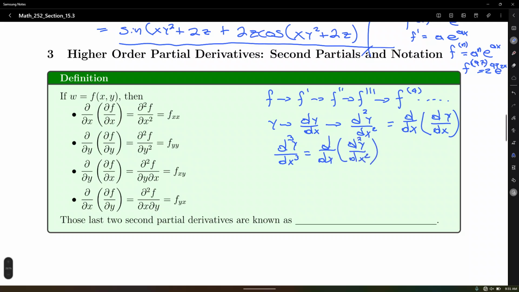And then just copy this, because this is the derivative with respect to x of the derivative with respect to x of something we already took the derivative with respect to x. That is, first derivative, second derivative, third derivative, in this order, inside out.